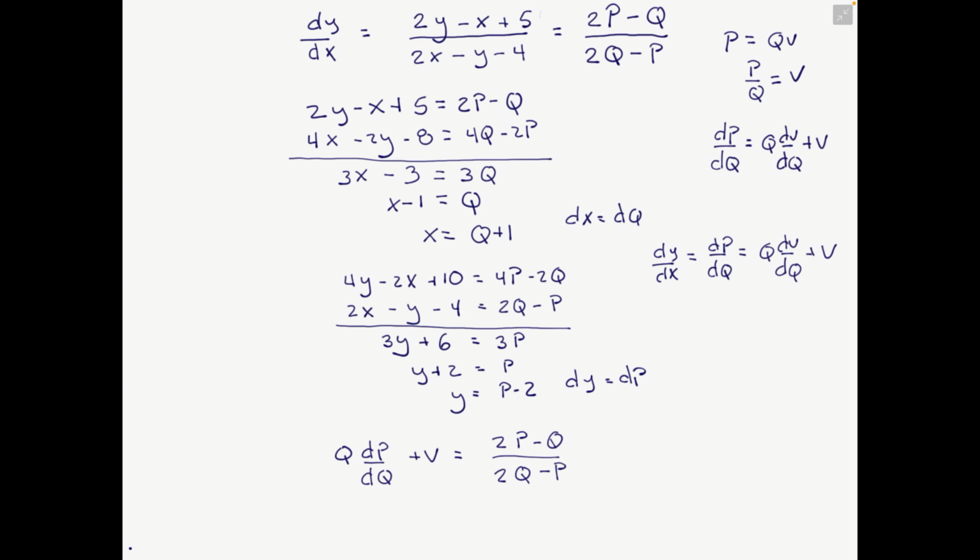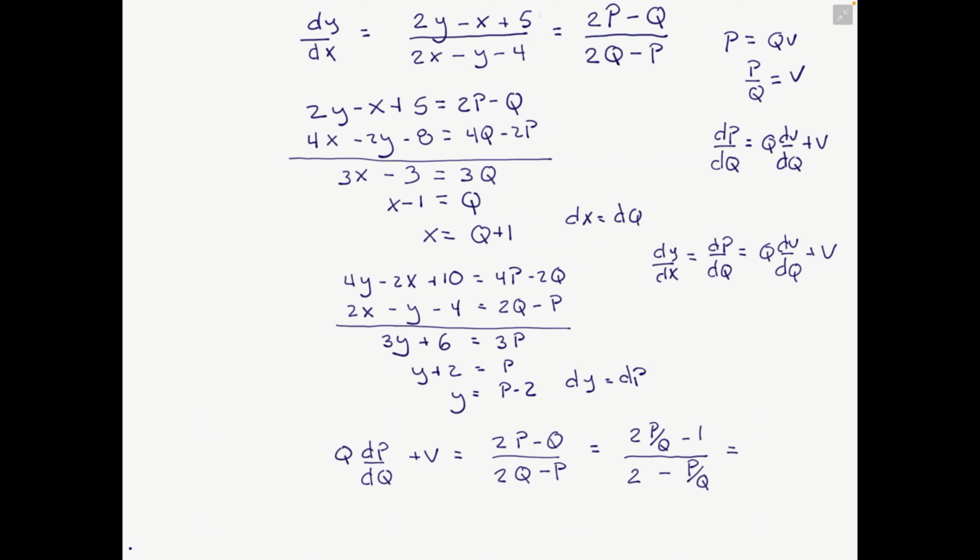And if we divide the numerator and the denominator by q, we have 2p on q minus 1 over 2 minus p on q.